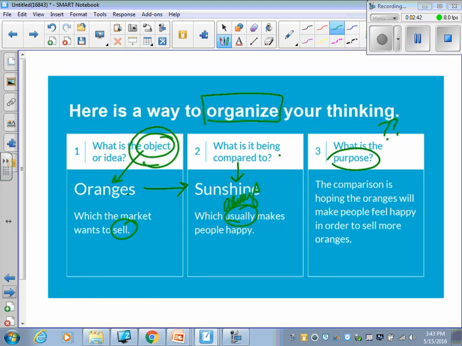Why did the author choose to compare oranges to sunshine? The comparison is hoping that oranges will make people feel happy, because they have compared them to the sun, which typically makes people happy, in order to sell more oranges. So this is the purpose of the comparison, to sell more oranges.